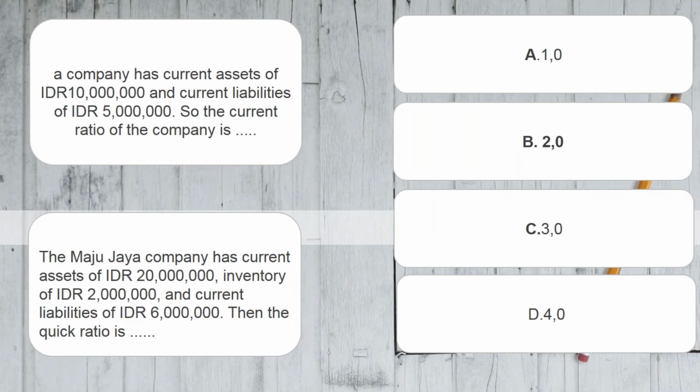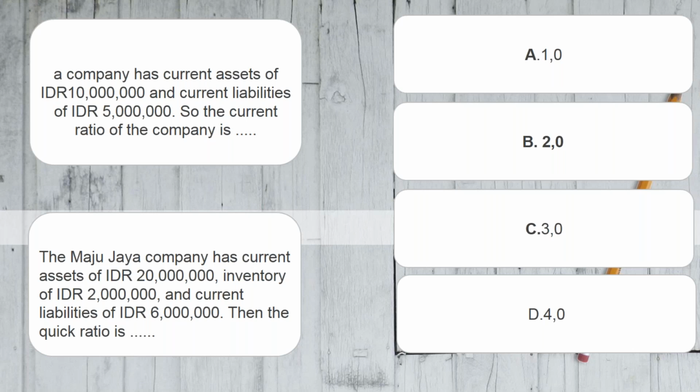A company has current assets of 10 million rupiah and current liabilities of 5 million. So the current ratio of the company is... you can see my last slide.